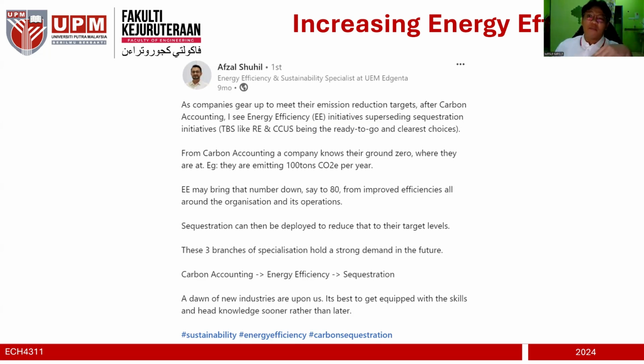And I still remember, I think 2 years ago, I read a news article about a company producing, it's basically a new chemical plant where they are producing IPA, isopropyl alcohol.